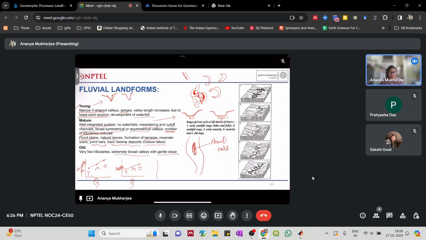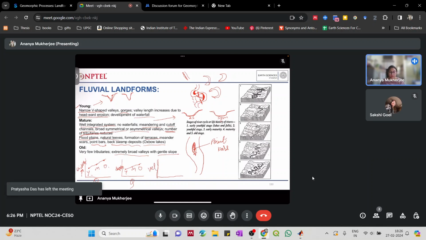And now if we consider the velocity of the flow of the water in the river, you can see that the velocity change is not very significant.